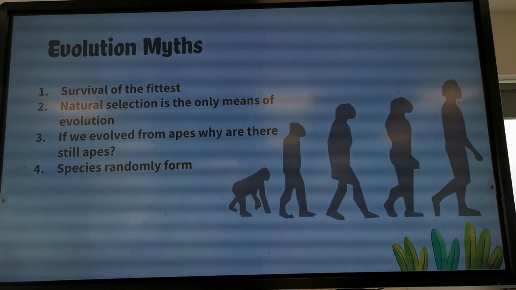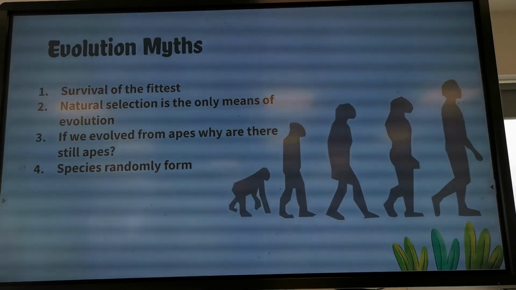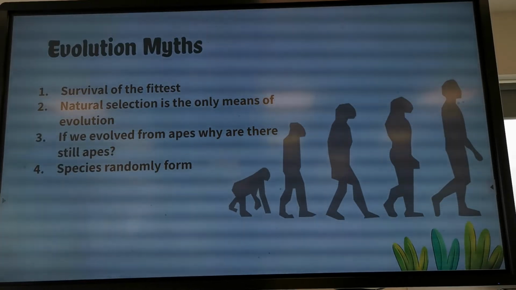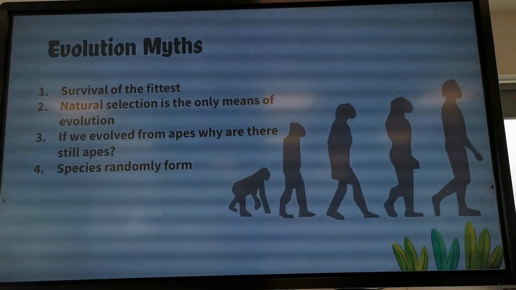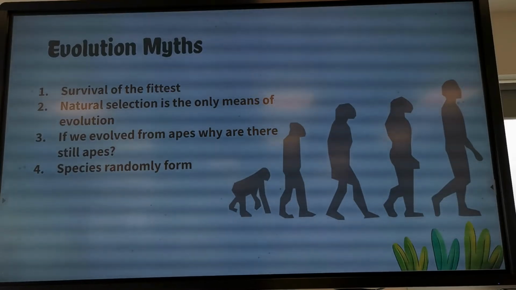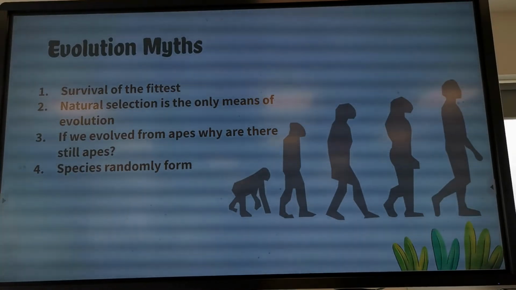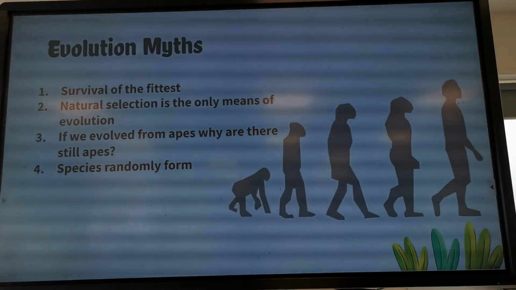The fittest don't always survive. Although a lot of the time throughout the natural selection process, things that do give an advantage are more likely to give you that chance to survive and to reproduce, there are a lot of different factors that can contribute to whether a species survives.